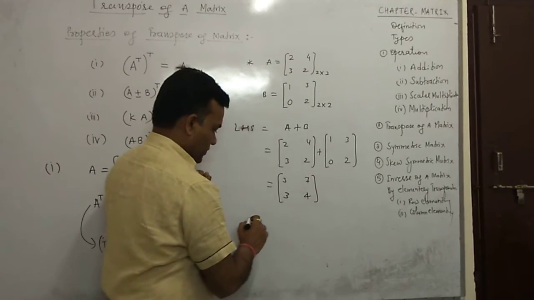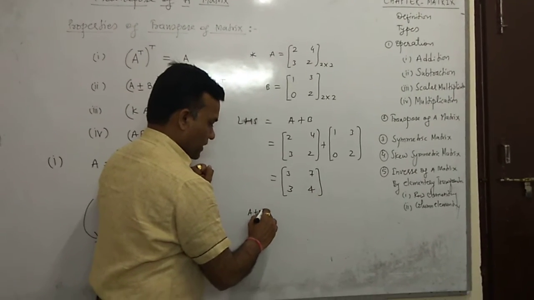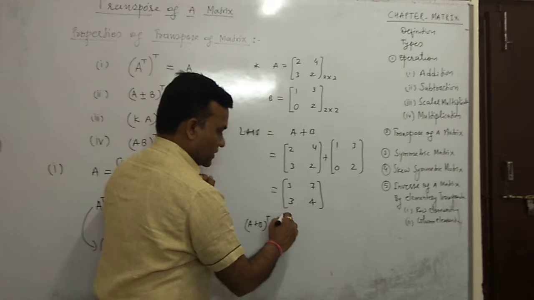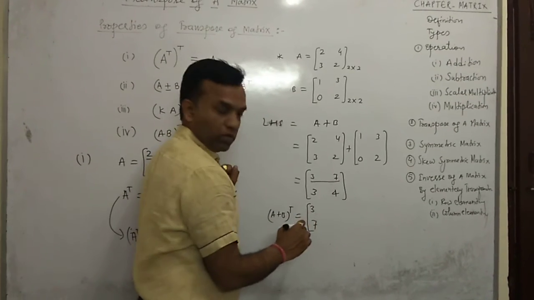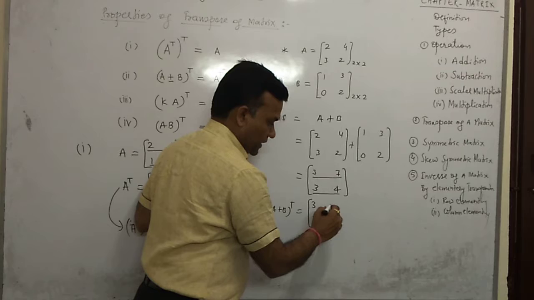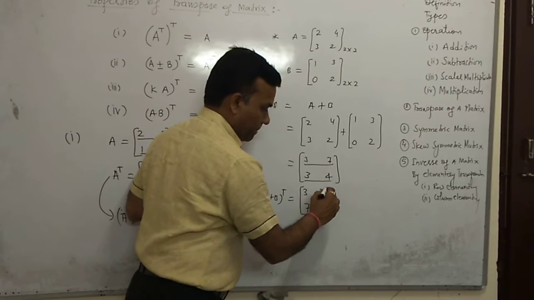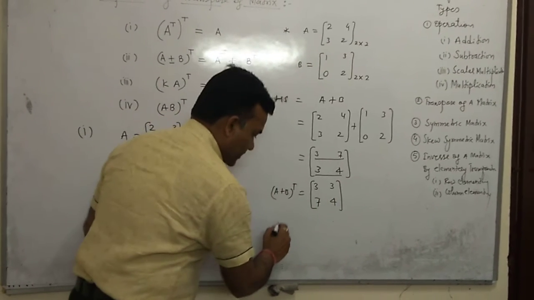Then the transpose of this A plus B: 3, 7 converts into a column and 3, 4 converts into a column. Then we have the RHS part.